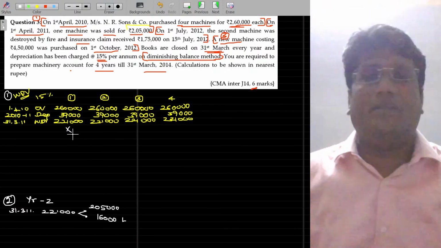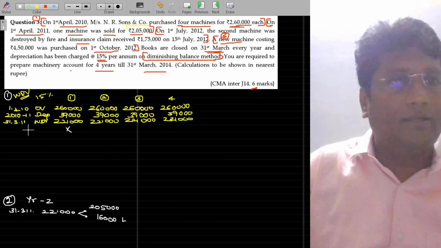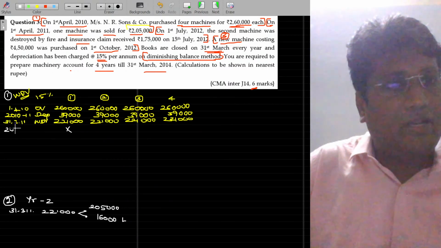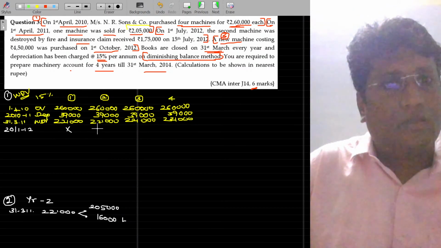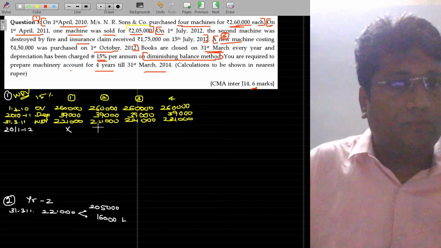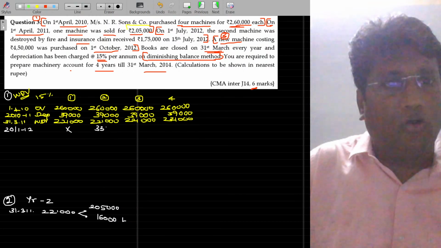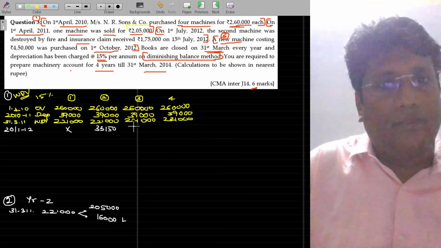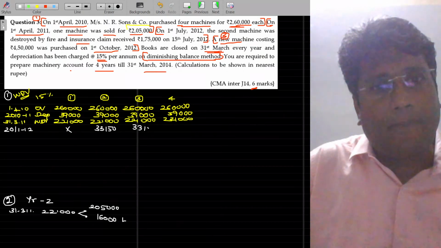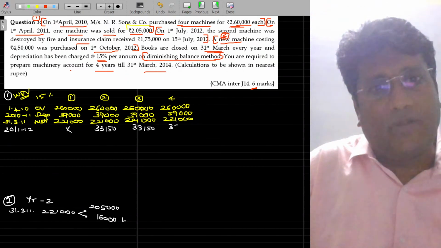For these 3 assets, we have to provide the depreciation for the second year. So for the year 2011 and 12, the value is 33,150.